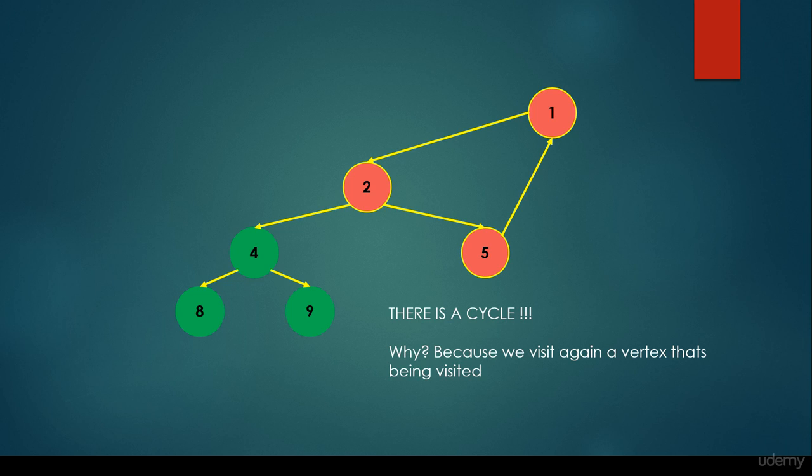And in this situation, okay, we have some vertices that are done. The 4, the 8 and the 9. But the vertex 1 and the vertex 2 and the vertex 5 are still being visited. And there's a backward edge to a vertex, here in this situation to the vertex 1, that's being visited at the time. So that's how we can figure out whether there is a cycle in the given graph or not.